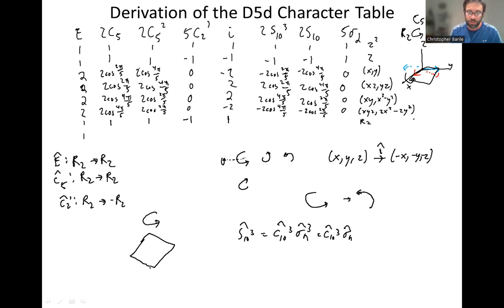If I drew it above, then it would look at itself below, but it would still be going in the same direction. Or it could be in the mirror plane, and it's still not going to do anything. So that's a long way of saying this is a 1. S10 is going to be a 1 for the exact same reasons. Remember, an S10 is just a C10 followed by sigma H. So sigma H we just turned to nothing and the rotation to nothing. So overall, we've done nothing.